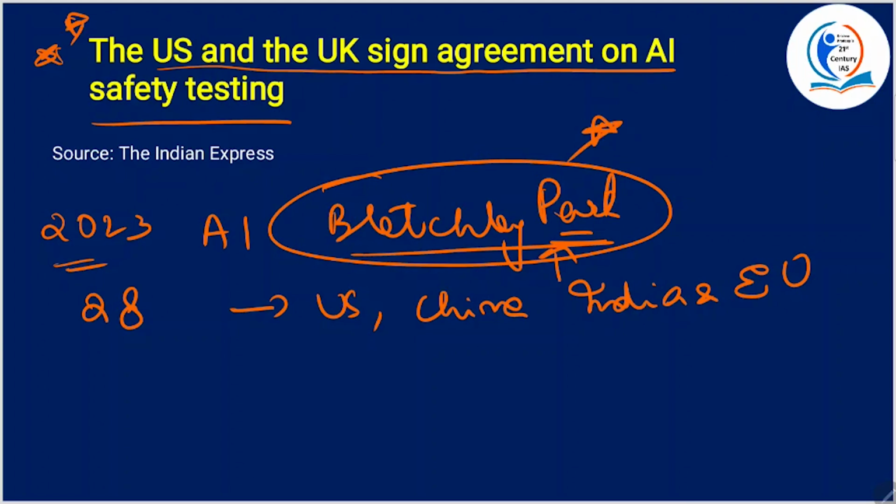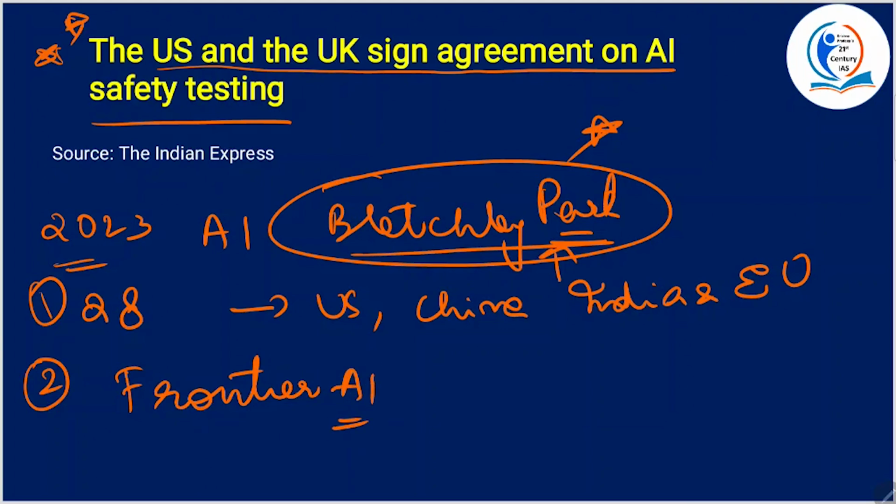So you can expect a question: Bletchley Park Declaration recently seen in news is related to. Okay. So this is one point. Second one is frontier AI. You should be aware of this term. What is frontier AI? It is defined as highly capable foundation generative AI models that can produce realistic and convincing outputs such as text, images, audio, video, whatever you demand.